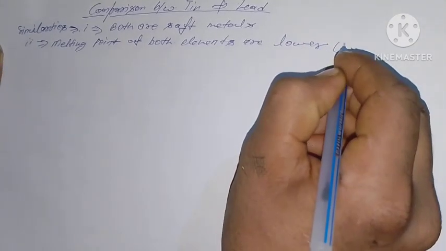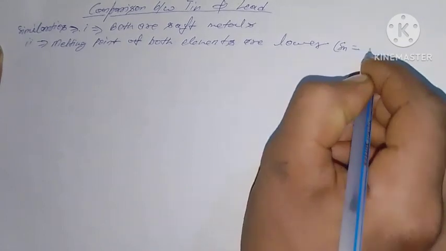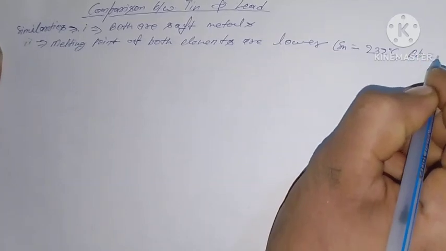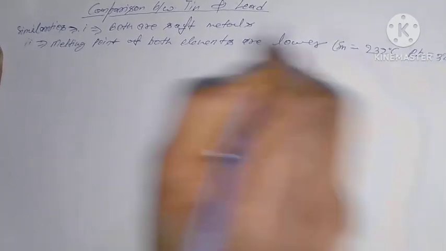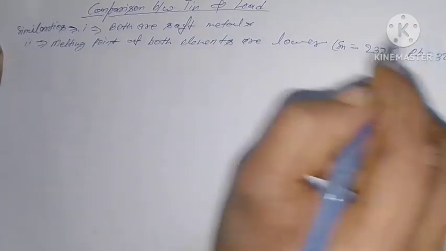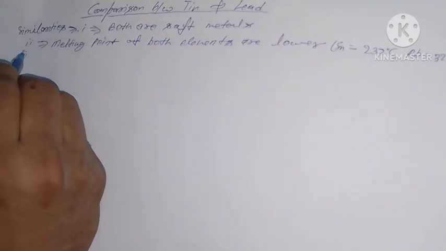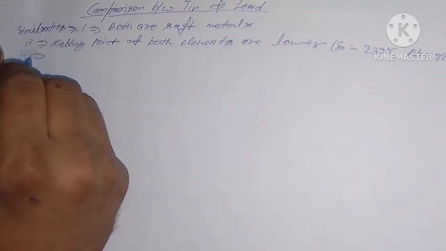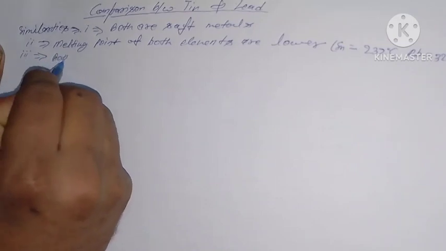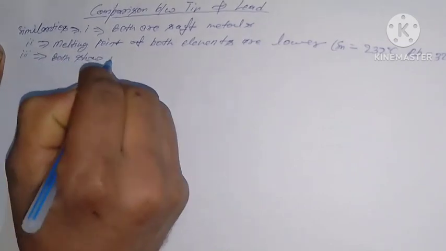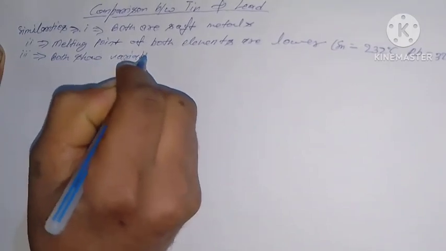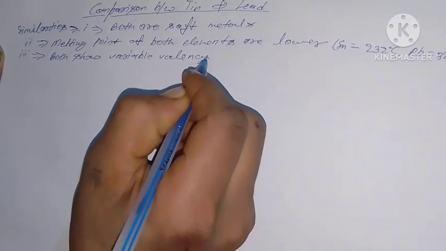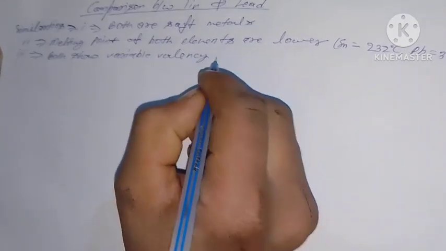Approximately, the melting point of tin is 232 degrees Celsius and lead is 327 degrees Celsius. Okay. And third point: both show variable valency of 2 and 4.